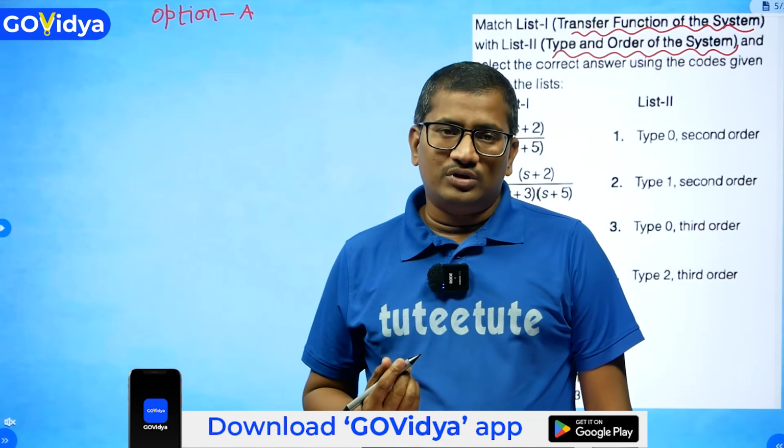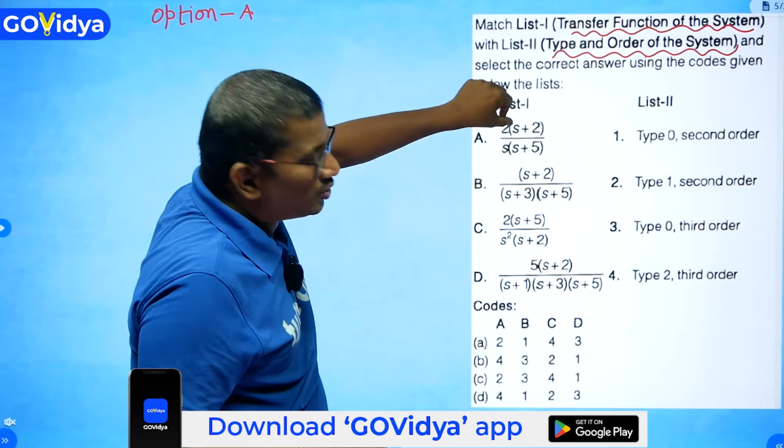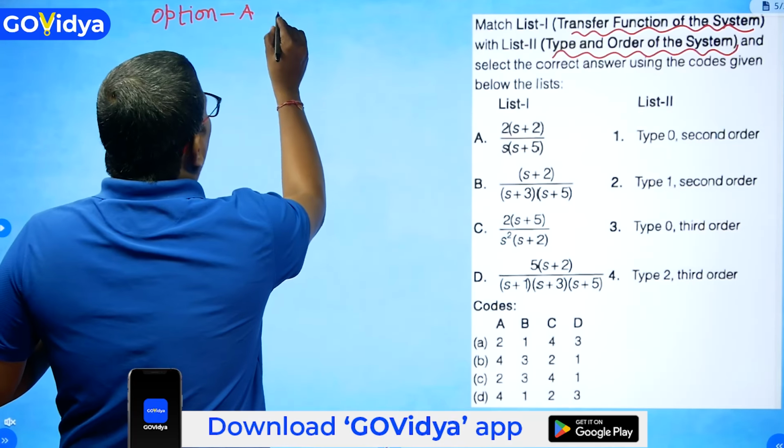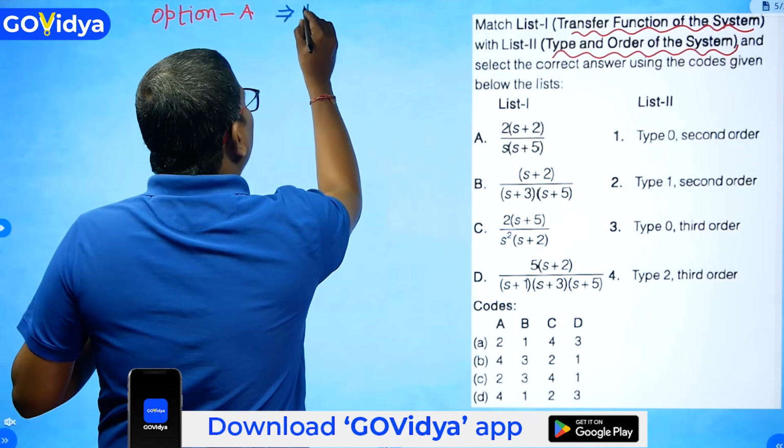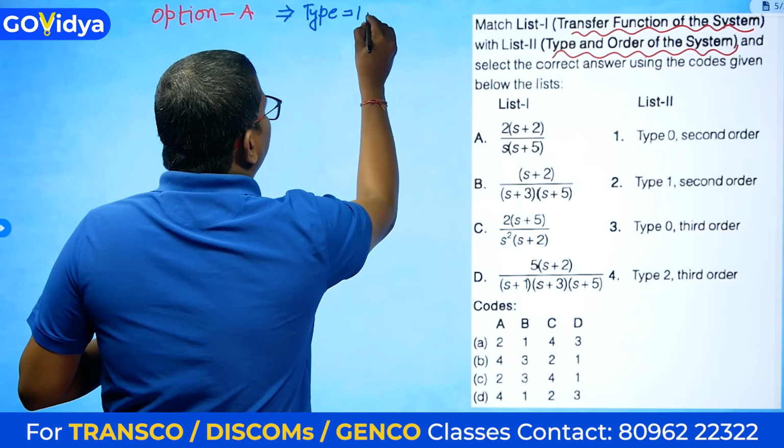It is the number of open loop poles at origin. How many poles are there at origin here? S raised to the power of n. Therefore, for option A, the type of the system is 1.